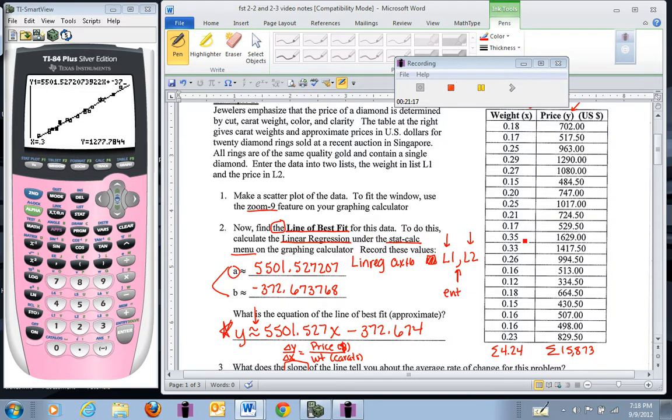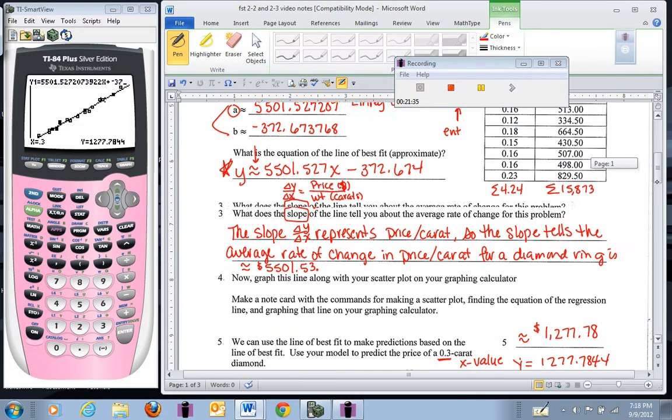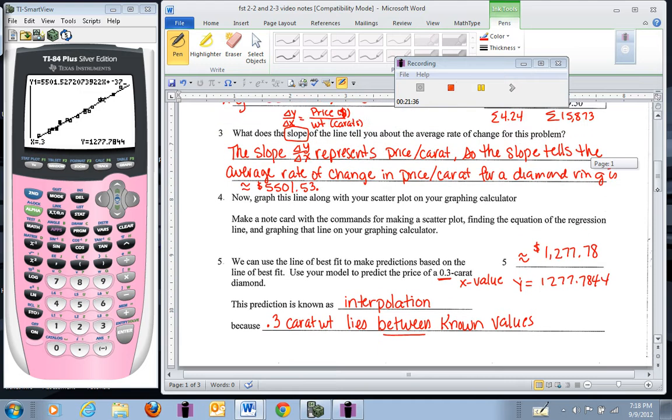You see I have one bigger than 3/10 right here. I have some smaller than 3/10, like here. So I know that 3/10 lies in between the values on this chart. If it does lie within the values on the chart, then we call that interpolation. So that makes that a fairly accurate prediction based on this set of data, because it's an interpolation.